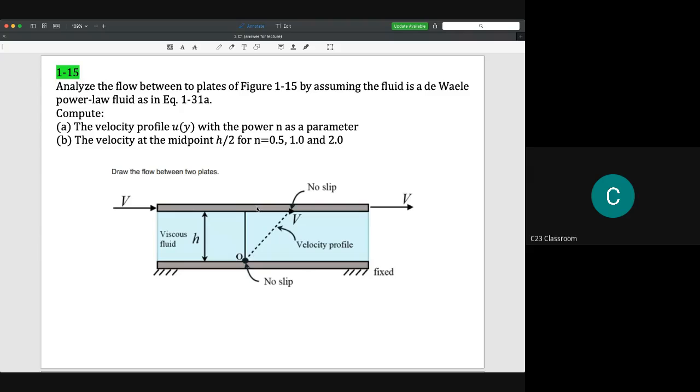However, for this plate, the no slip condition still occurs, and that is why this molecule will receive the same velocity as the moving plate. So at y equal to h here, the u, meaning the velocity of this molecule, is equal to the capital V, which is the same velocity as the moving plate.